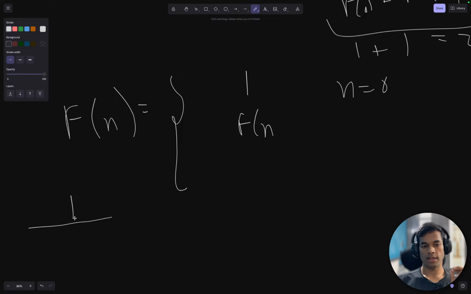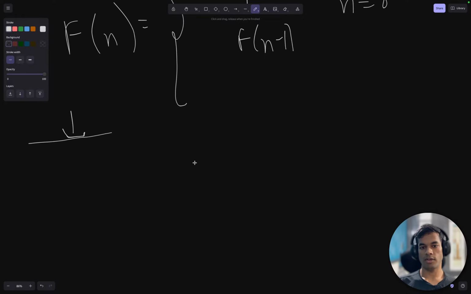If we do not make that line, then the answer would be fn minus 1. Yes, the answer would be fn minus 1 if we do not make this line. Let's say fn minus 1 is equal to some number x.